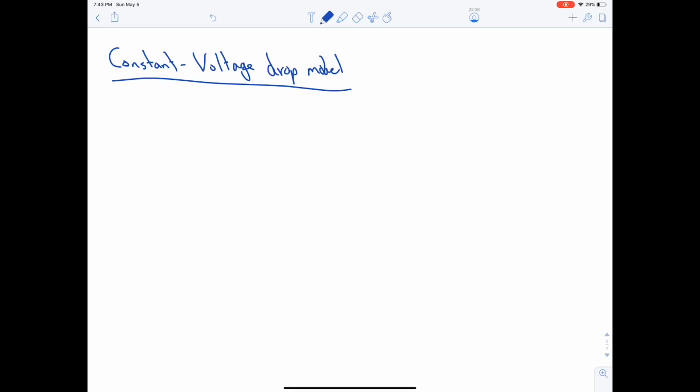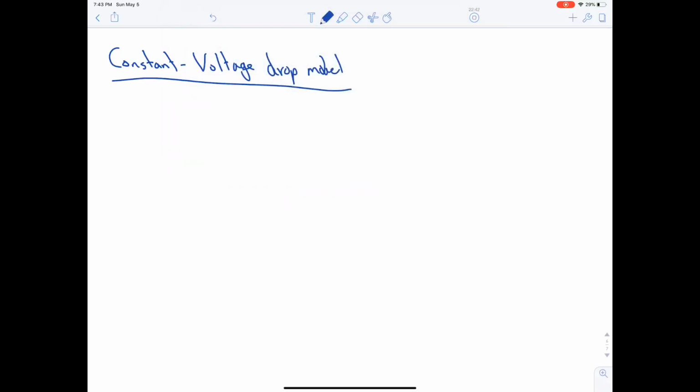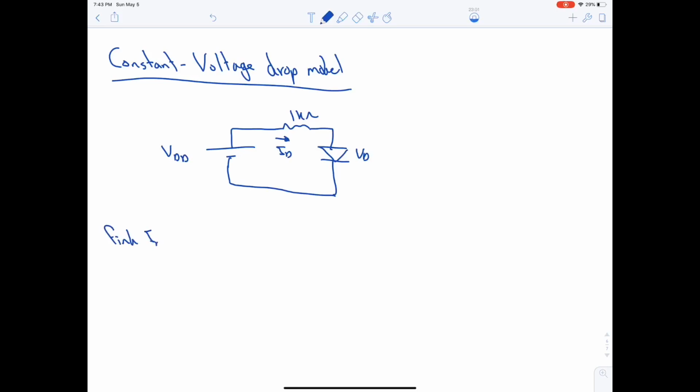So if we take the same example as before, VDD, resistance 1K, this is VD and this is ID. The question says find ID and VD using the constant drop model.